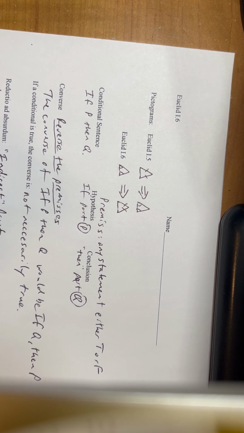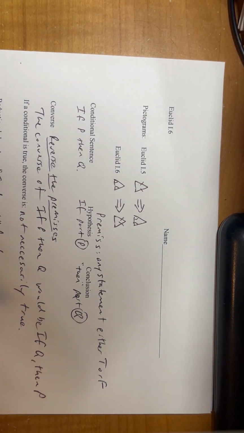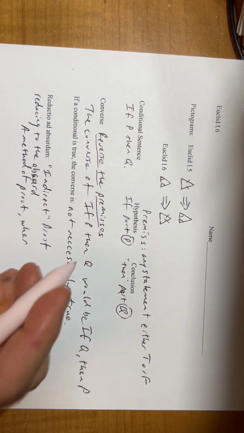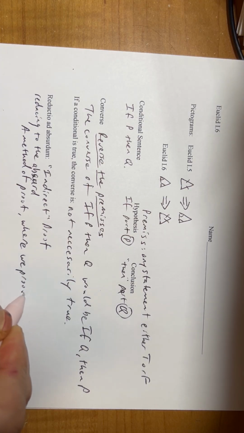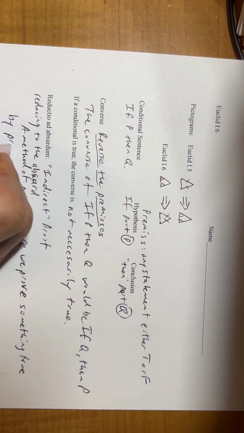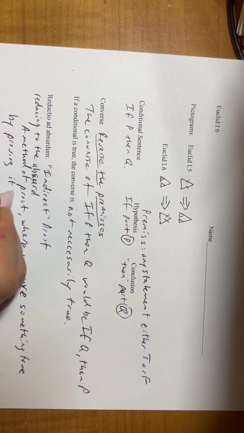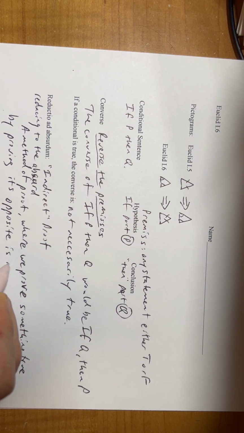A method of proof where we prove something true by proving its opposite is impossible.